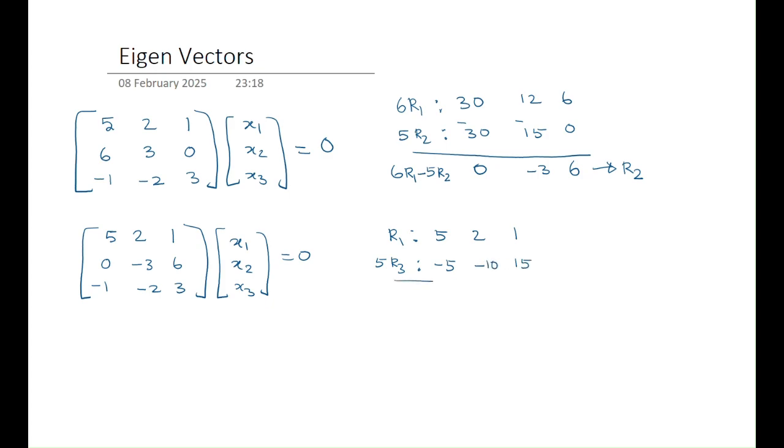We know that we can get a 0 by adding. So R1 plus 5 times R3 will have 0, minus 8, and 16. Let us replace this with the third row to get the new matrix.